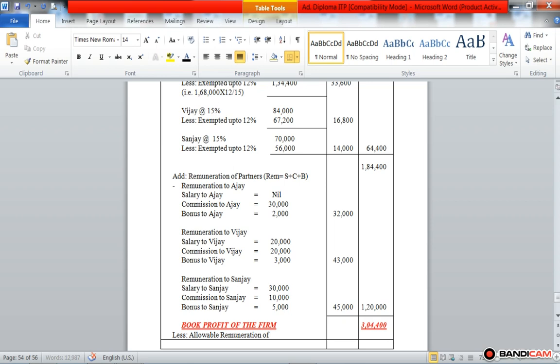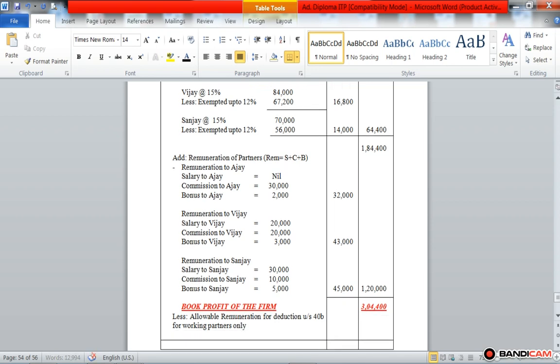Less: allowable remuneration for deduction under section 40B for working partners only. So the allowable deduction is for working partners only. The working partners are Vijay and Sanjay.